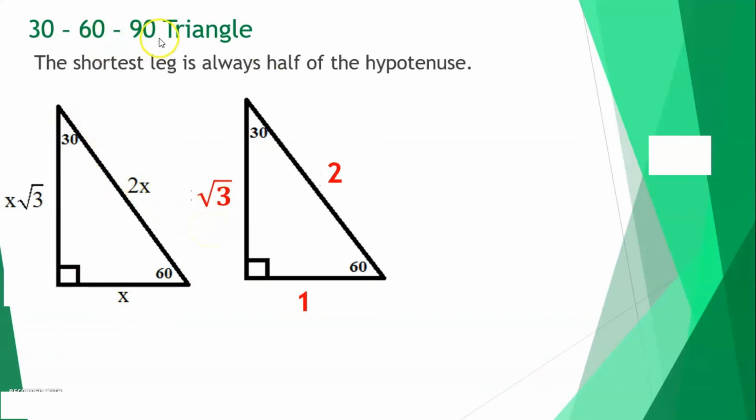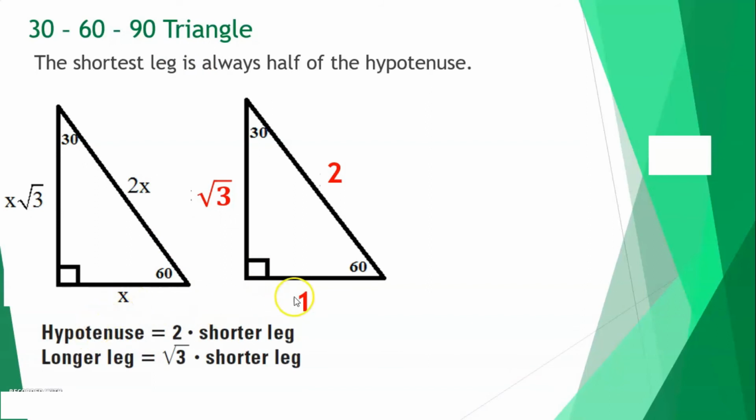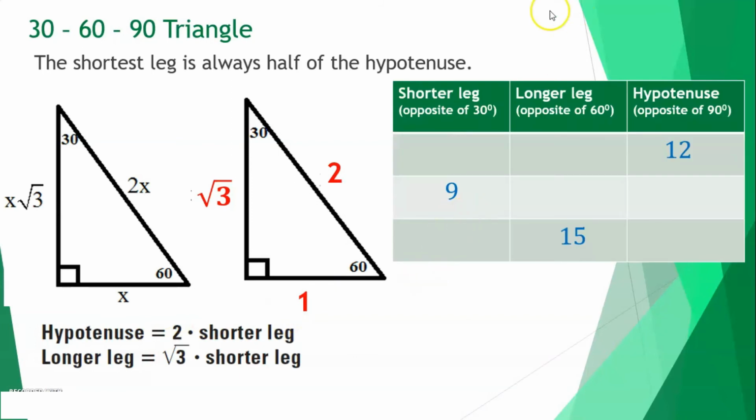So in a 30-60-90 triangle, the shortest leg is always half of the hypotenuse, and the longer leg is square root of 3 times the shorter leg. The shorter leg is the opposite of the 30 degrees, the longer leg is the opposite of the 60-degree angle, and the hypotenuse is the opposite of the 90-degree angle.